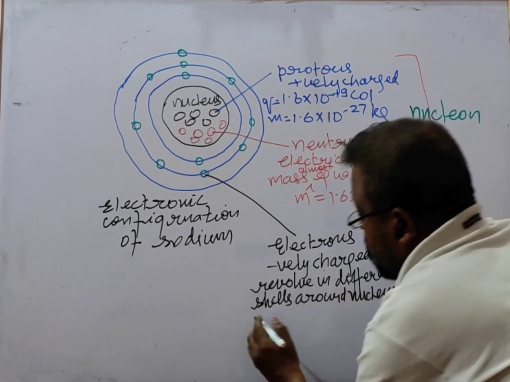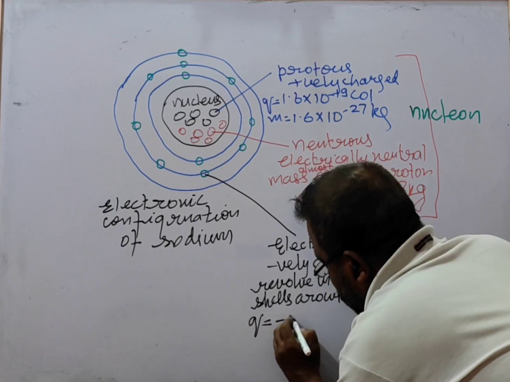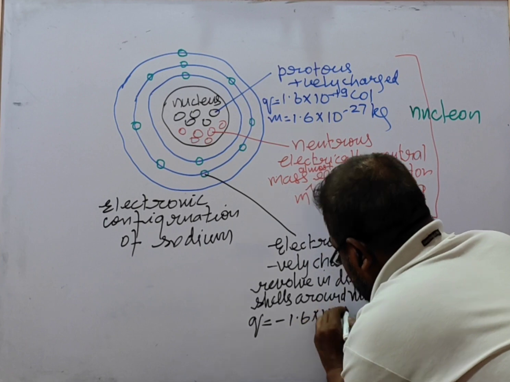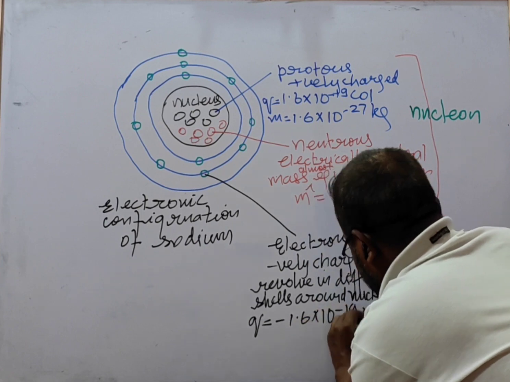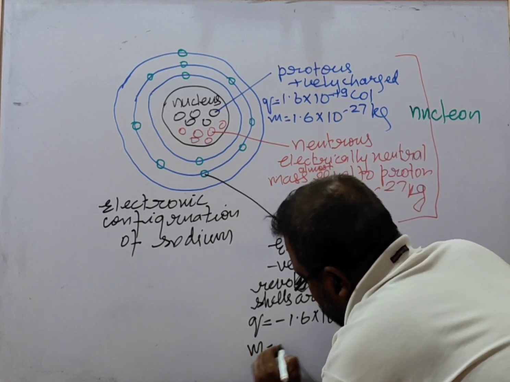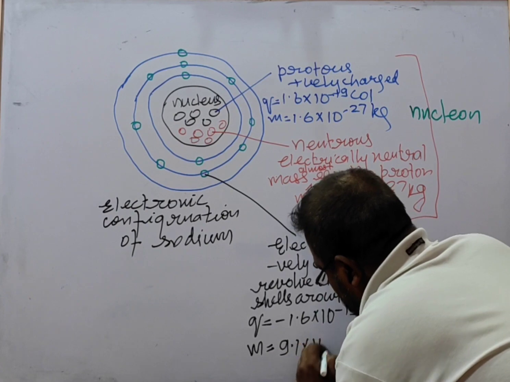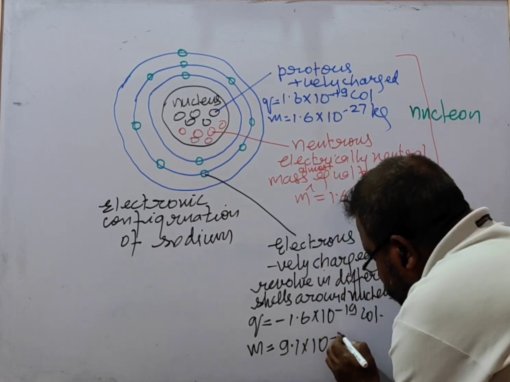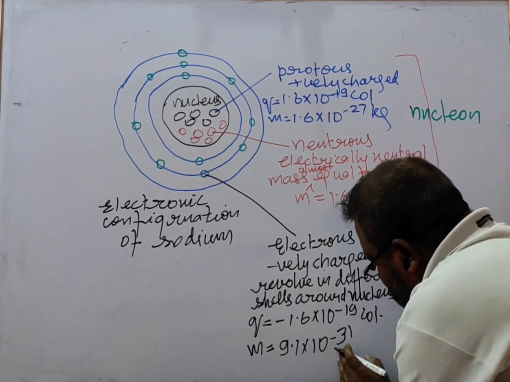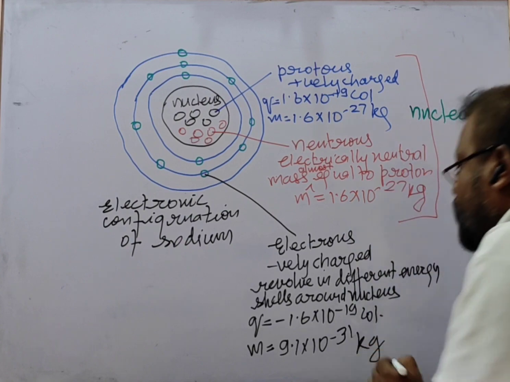They have a negative charge of 1.6 into 10 to the power minus 19 coulomb, right? And they have a mass of 9.1 into 10 to the power minus 31 kg, right?